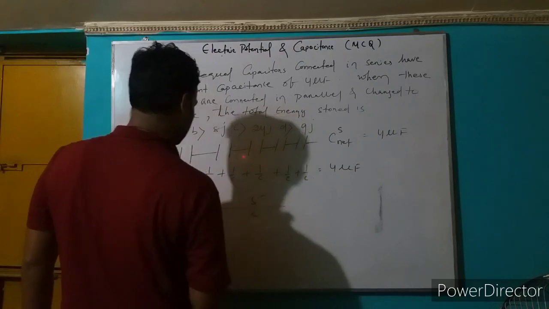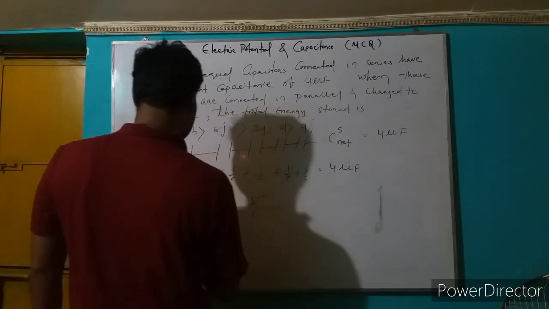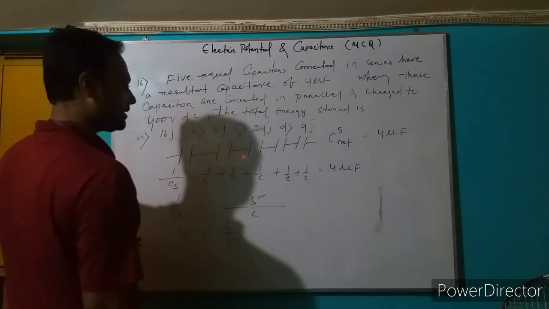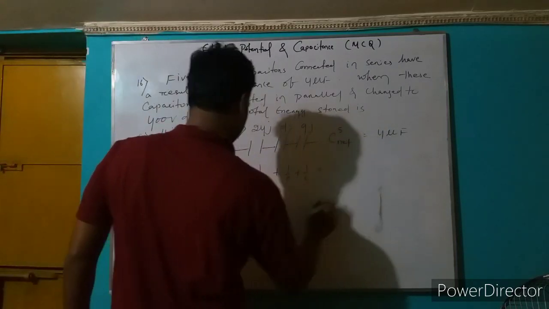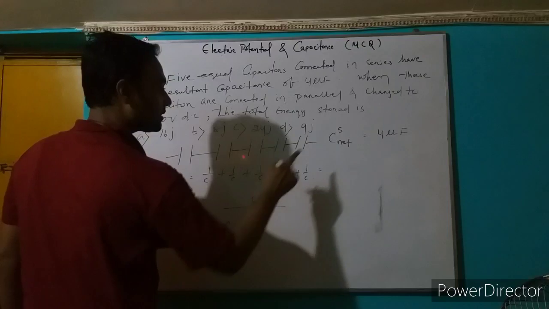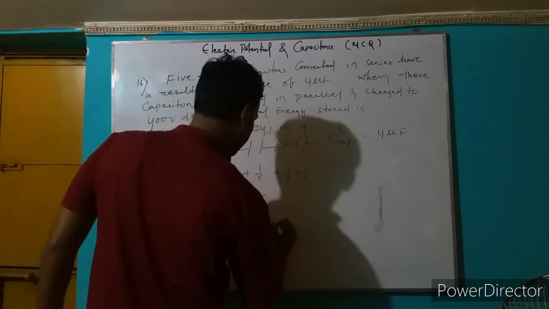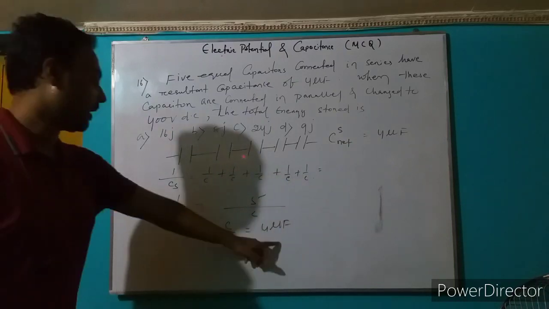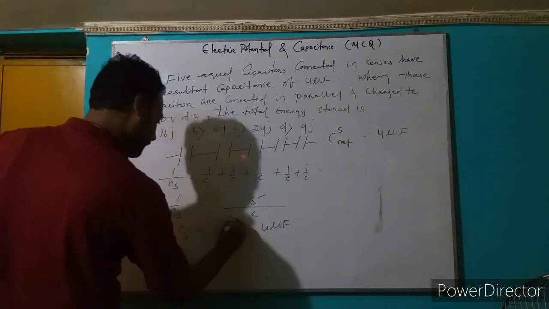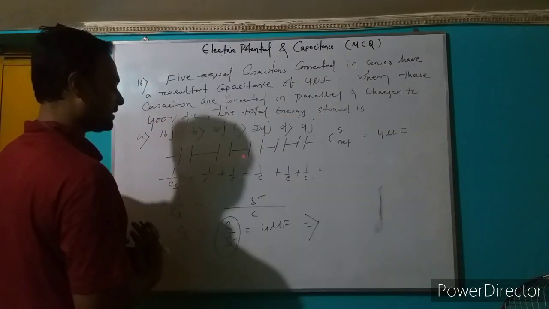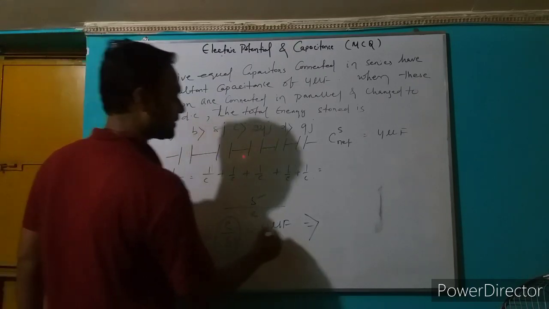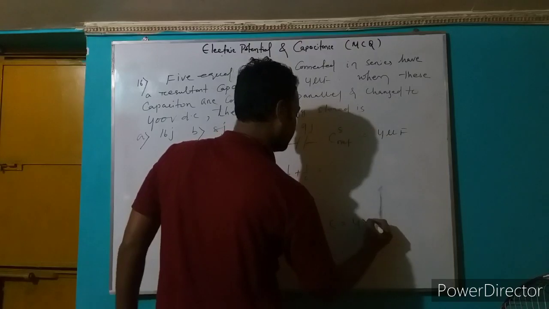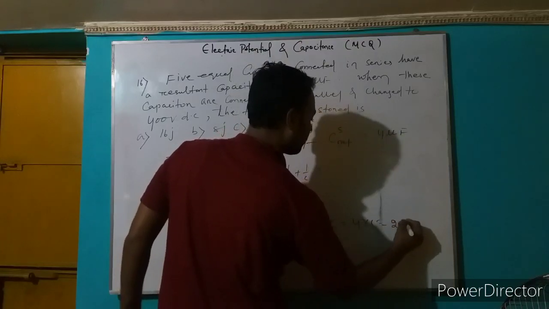Cs is 4 microfarad, so its value is C by 5. That implies each capacitor's capacitance is C equal to 4 into 5, that is 20 microfarad.